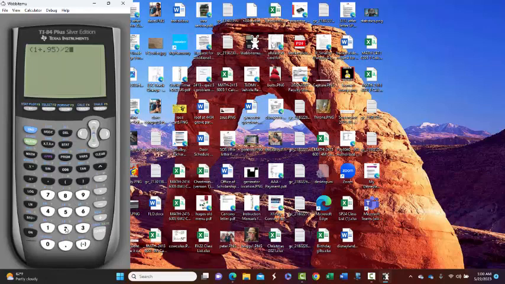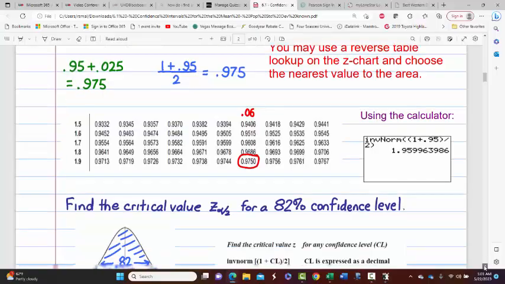I did that within the inverse norm command, but you can do it first. I've had people in the past do this, and oops, that's no good without the parentheses. So we need those parentheses.